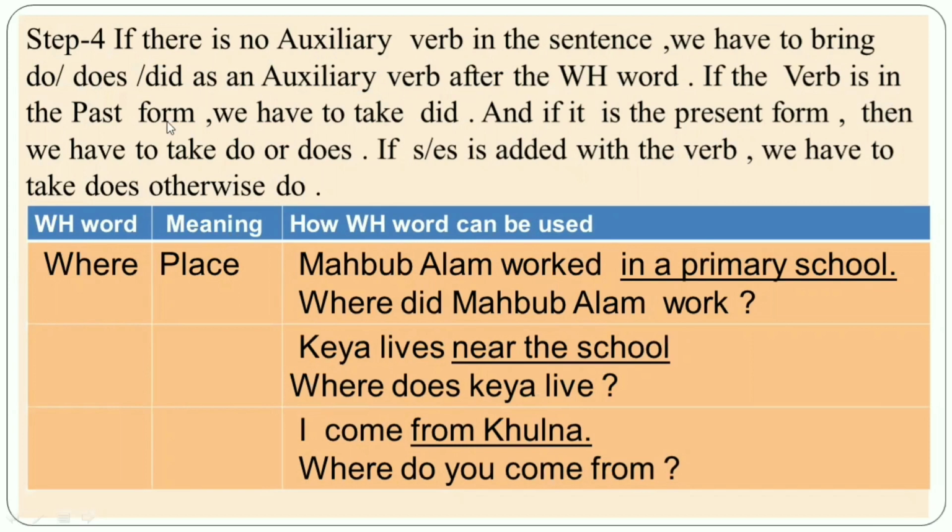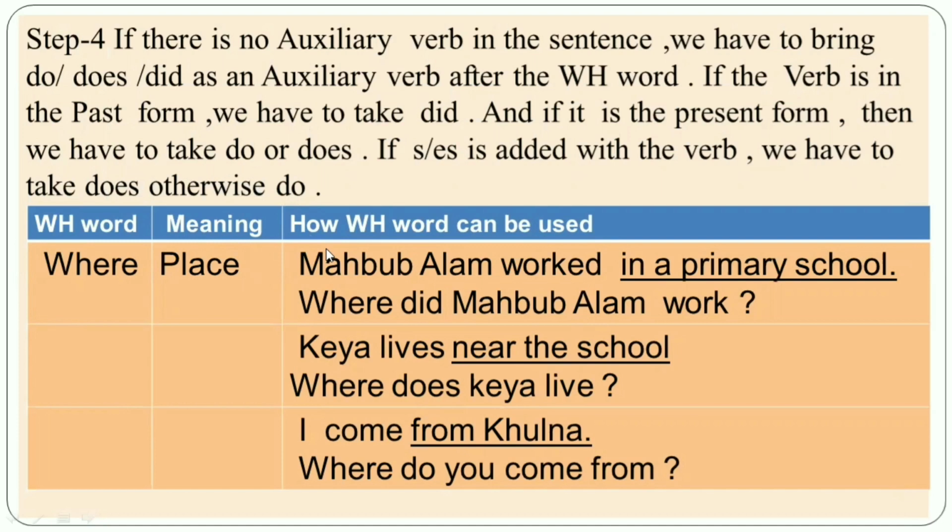If the verb is in the past tense, we have to take did. And if it is in the present form, then we have to take do or does. If s or es is added with the verb, we have to take does. And if there is no s or es with the verb, then you have to take do.